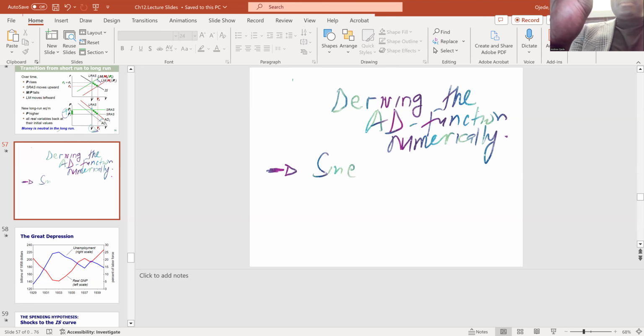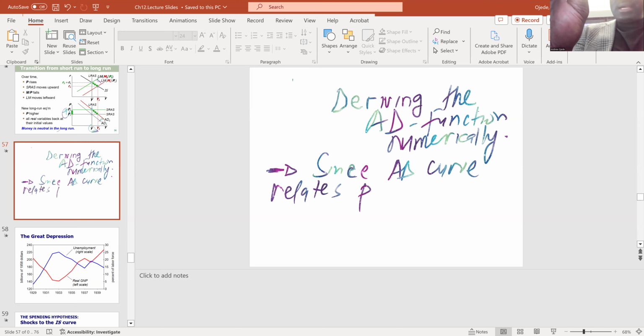Since the AD curve is a function that relates P and Y, you put P here, you put output here, and the AD curve slopes downwards.